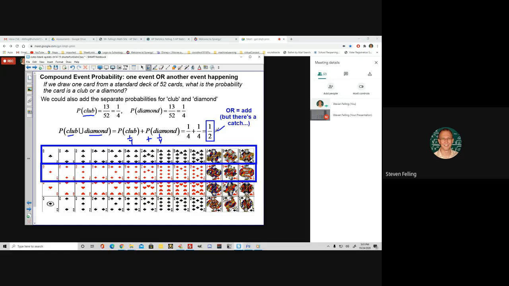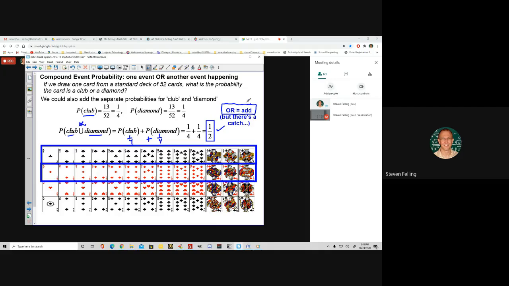So it does seem to be true that if I have a probability of one thing or another thing, we should just be adding up the probabilities of the individual things, right? In fact, a lot of people memorize this, that or equals add, and that's a good thing to memorize. Whenever we have probability of one thing or another thing, we add the probabilities.